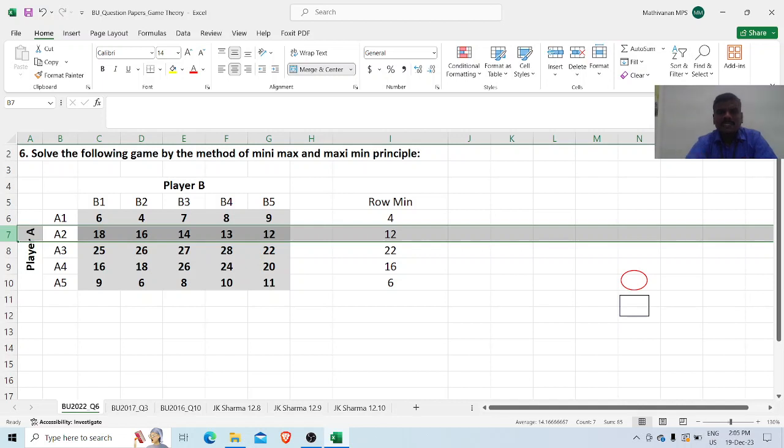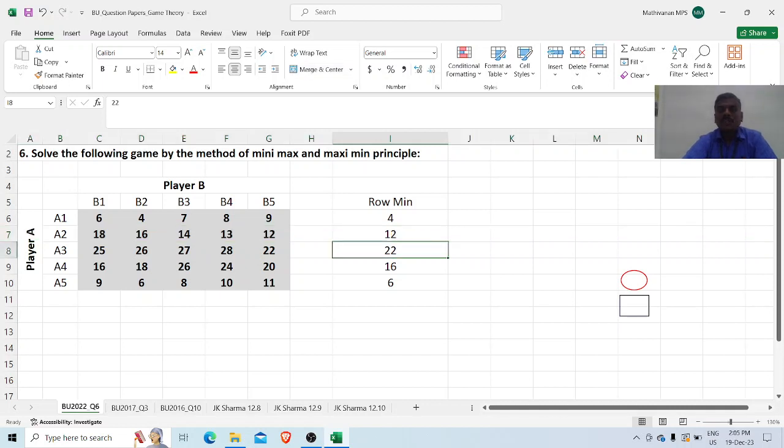Irrespective of the strategies used by player B, player A will gain a minimum of 12 points when he is using the second strategy. Likewise, for the third, fourth and fifth strategies, player A will gain 22 points, 16 points and 6 points respectively.